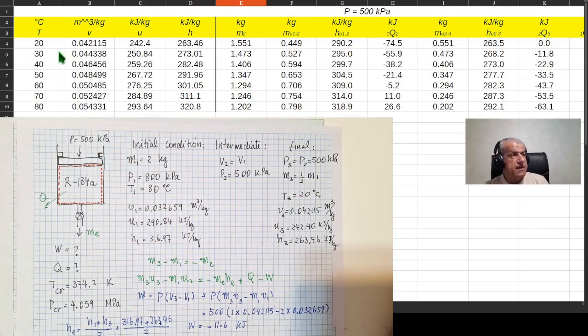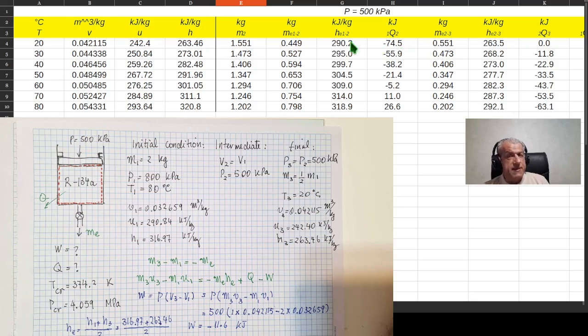You see, these are the alternatives that I am suggesting. I say that if 0.449 kilograms leaves during 1-2, and the Q12 is minus 47.5, what happens?